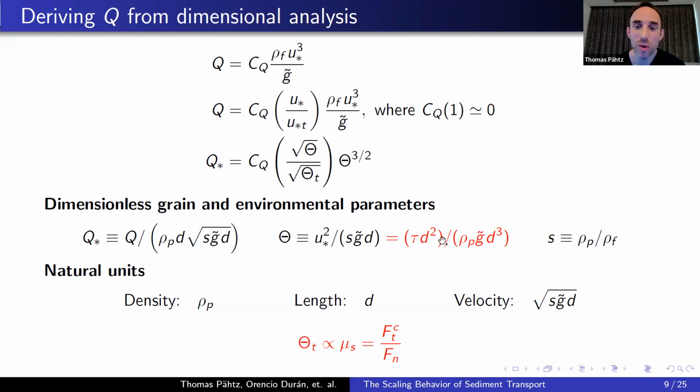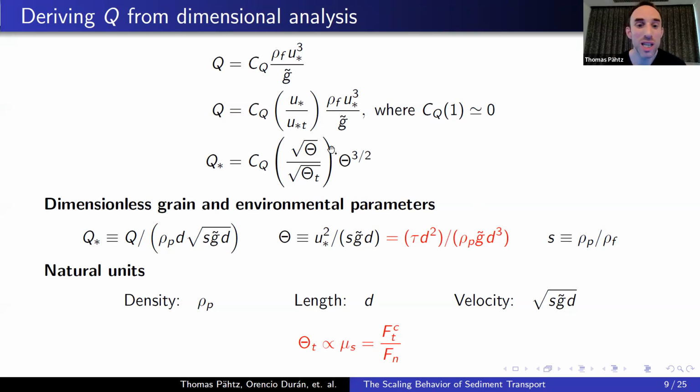Here you have a ratio between tau d squared, which is a measure of the tangential force applied on the bed surface, and this one here would be a measure for the resisting force in the normal direction. And when you have tangential divided by normal force, this is also called a friction coefficient.